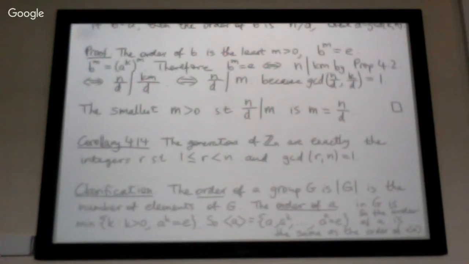That is kind of optional material. Next week we'll move on to permutation groups, which is quite an important topic because in some sense every group is a permutation group.